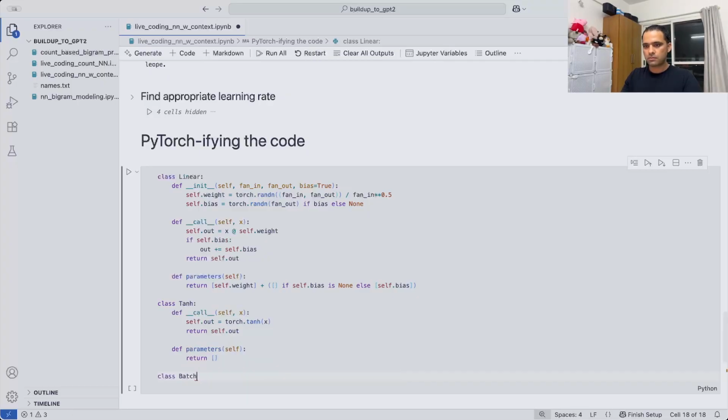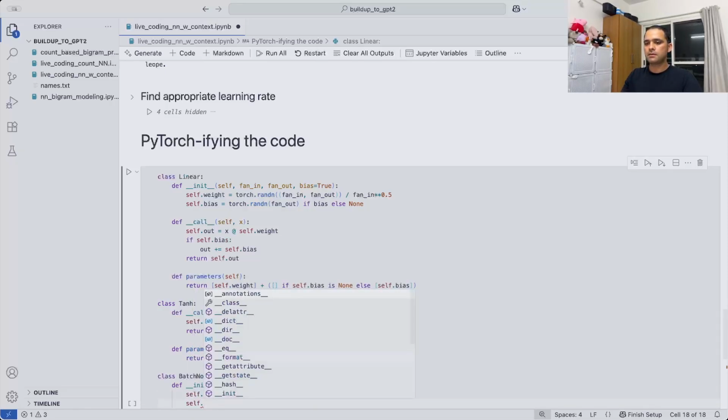Now let's go back to the batch norm class. So here let's initialize. We'll need dimensionality as a parameter, and self.epsilon.